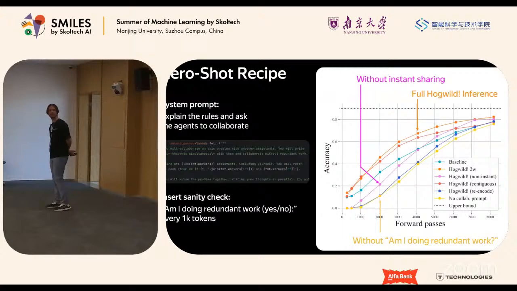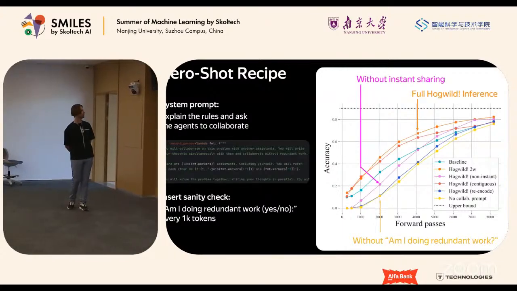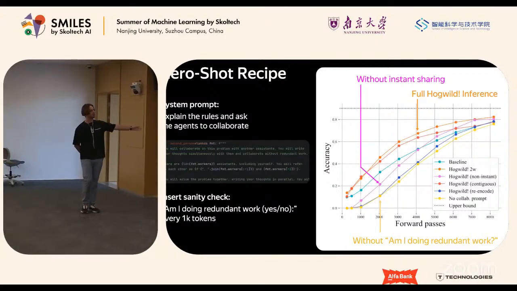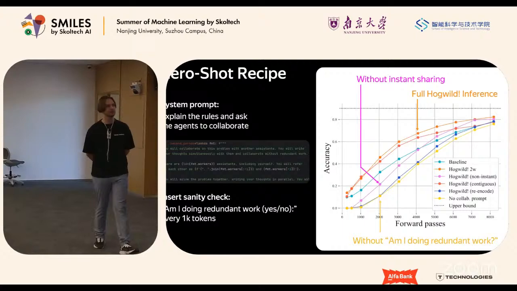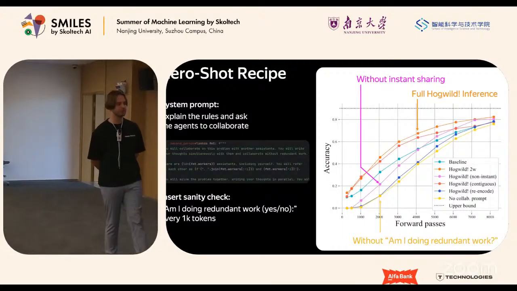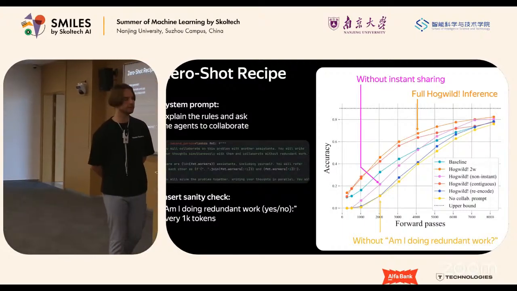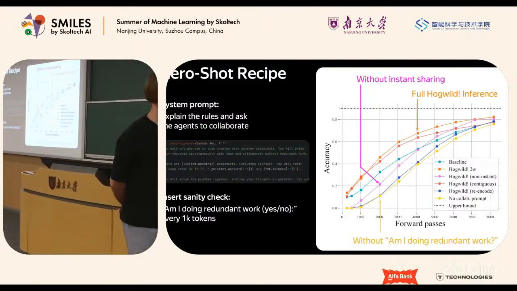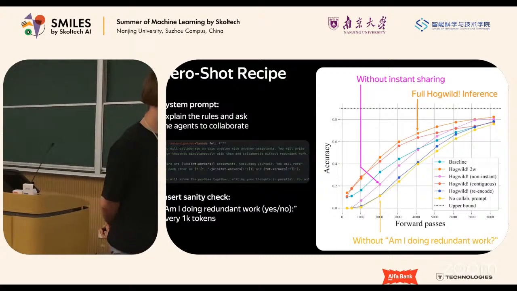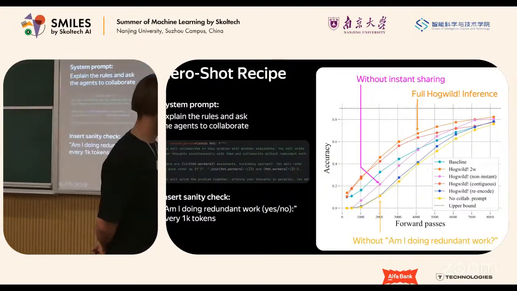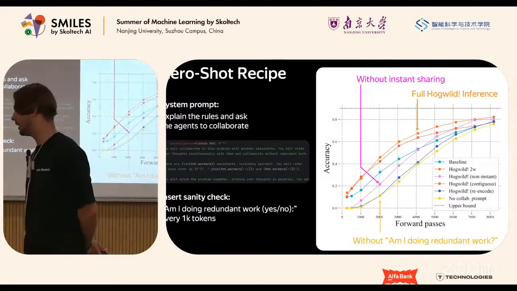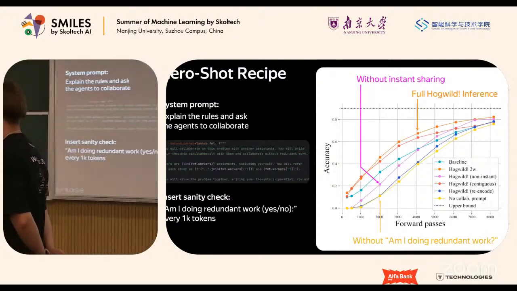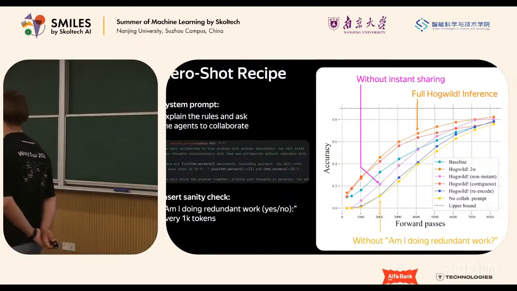We'll see this on the graph on the right. The interesting part here is that agents sometimes answer interesting things to this question. The funniest thing we've met is: "Am I doing redundant work? Yes, but that's okay." Hard to argue with that.